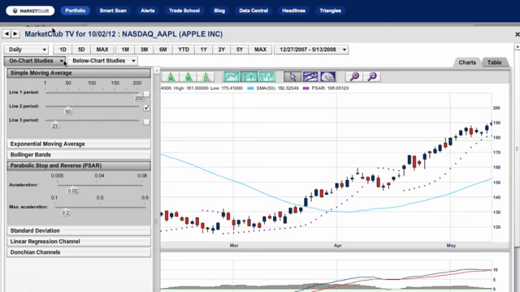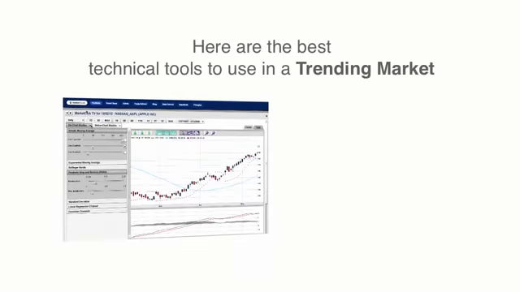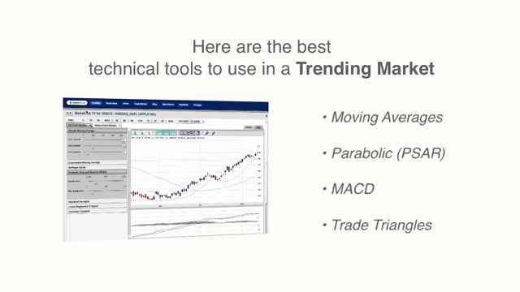And that, of course, is what to do in a sideways market. But first, here are the best technical tools to use in a trending market. Moving averages, parabolic PSAR, the MACD, and of course MarketClub's very own trade triangles, which you won't find anywhere else.